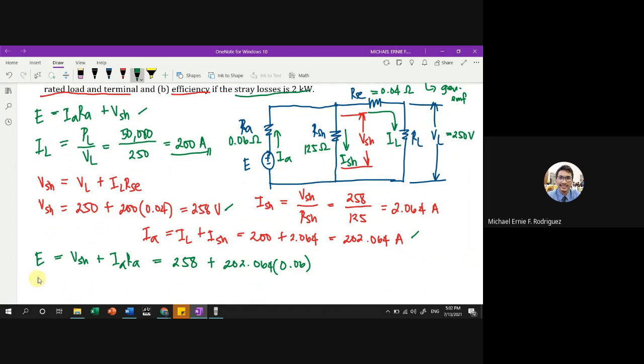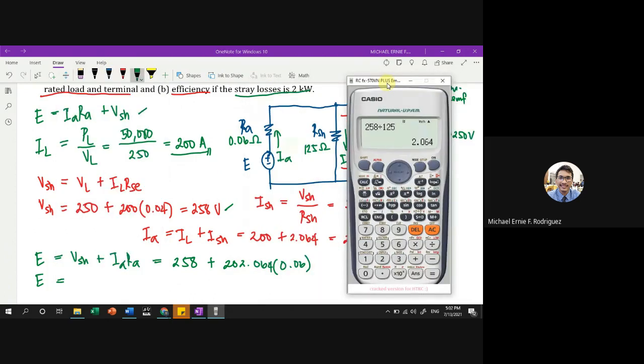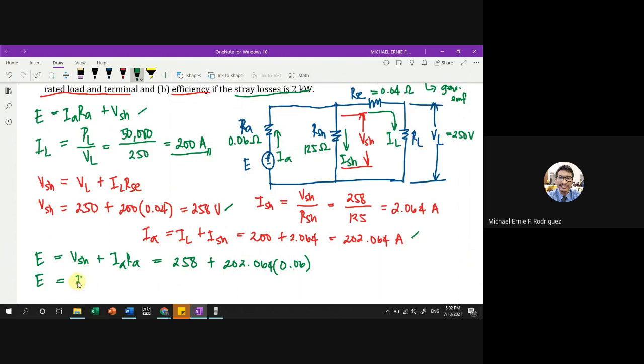So, ang E natin, or the induced EMF, or the generated voltage, is equal to, calculator tayo. So, we have 258 plus 202.064 times 0.06. So, we have 270.12 volts. Okay? May tanong kayo? Before we proceed to the efficiency? Wala, sir.